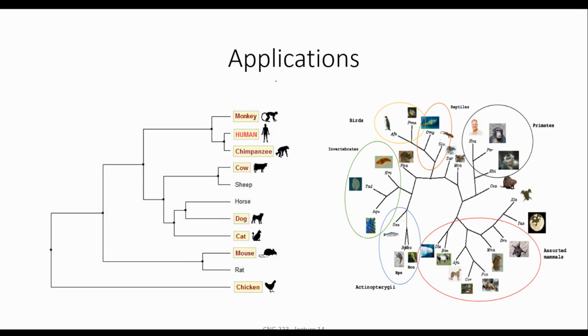We have different species, and we are interested to know which species can be in the same group. And it's not just, as you can see, group 1, group 2. Each one of them can have a parent. So for example, here cow and sheep are in the same group, and here horse and dog are in the same group.